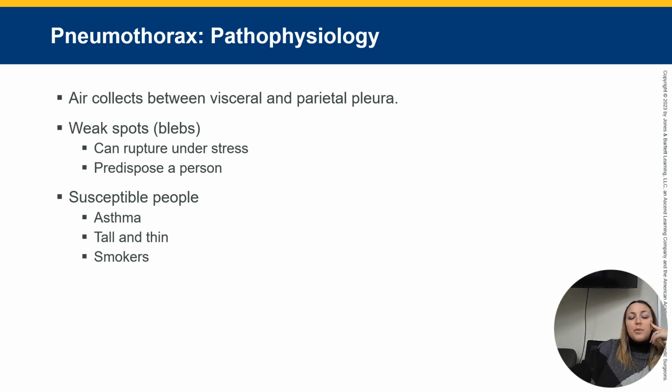The other susceptible people are going to be those with asthma, your smokers, those that are really tall and thin. For whatever reason, those tall and thin, usually young guys can have those spontaneous pneumothoraxes.